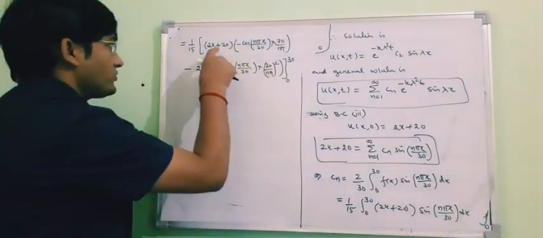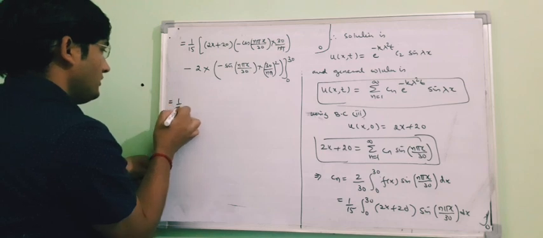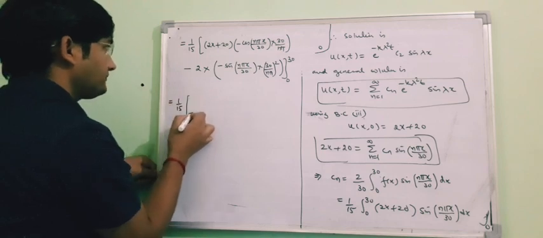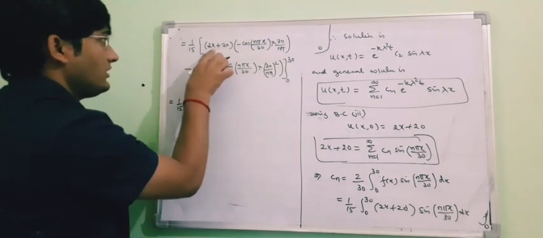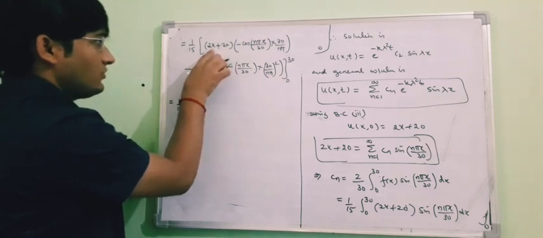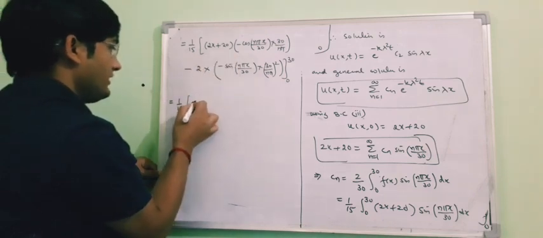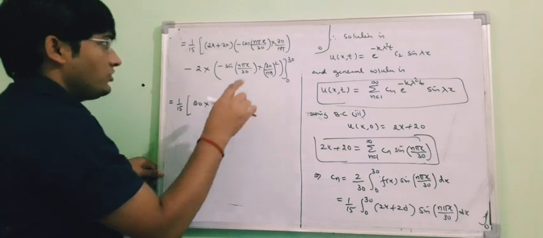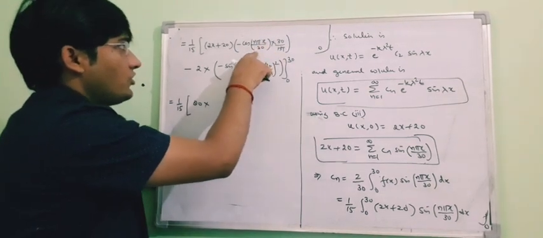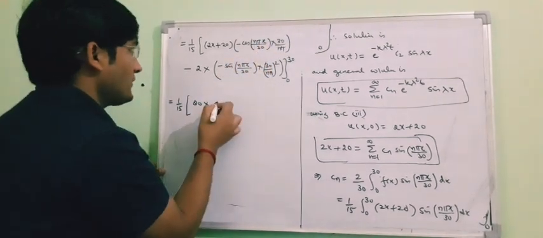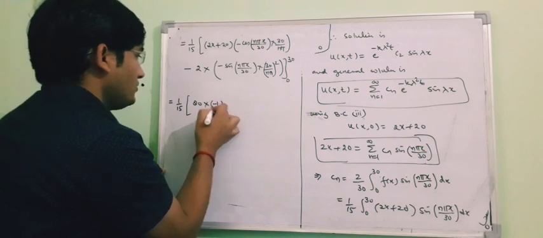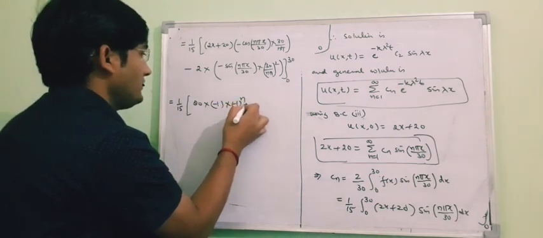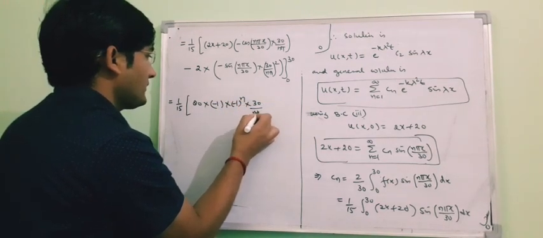Now if x is 30, then the upper limit will be 80. Now if x is 30, then this will be cos n pi, and cos n pi is minus 1 power n. So we will have minus 1 power n into 30 upon n pi.